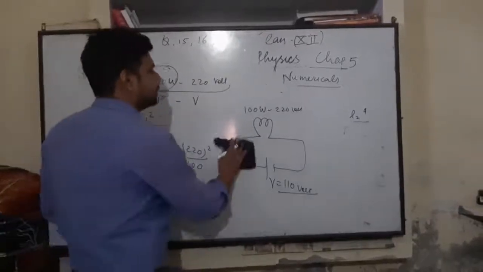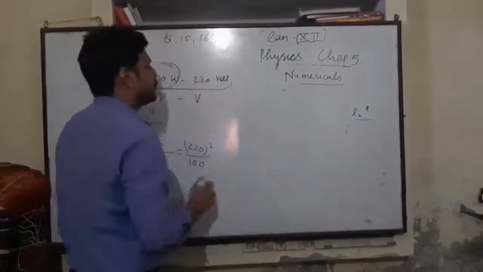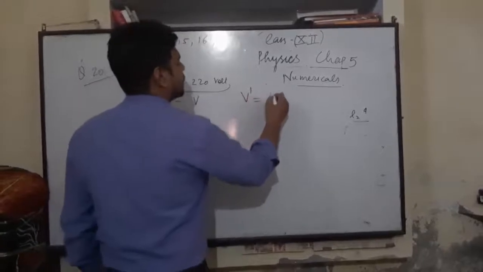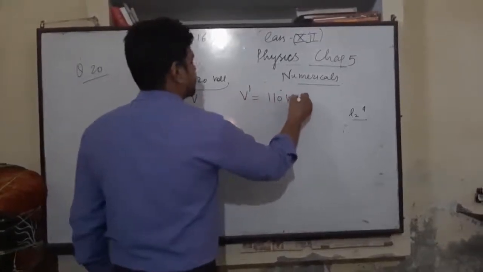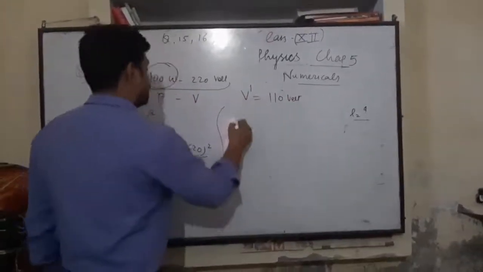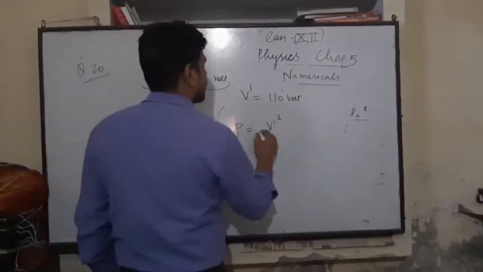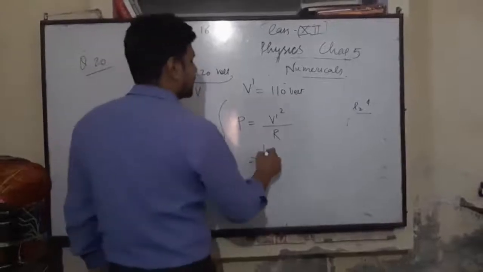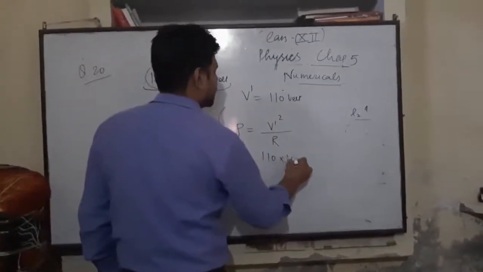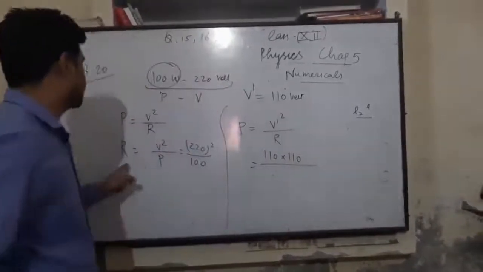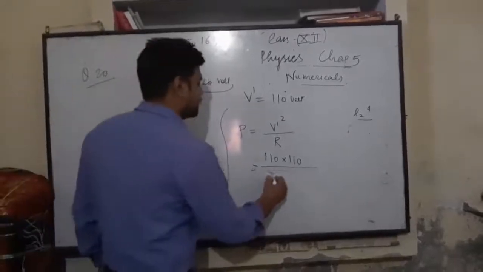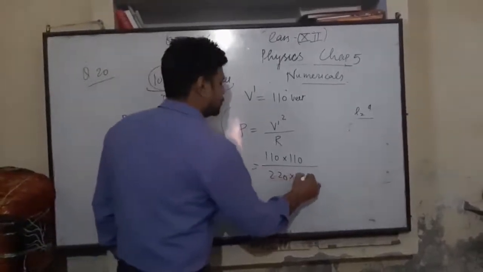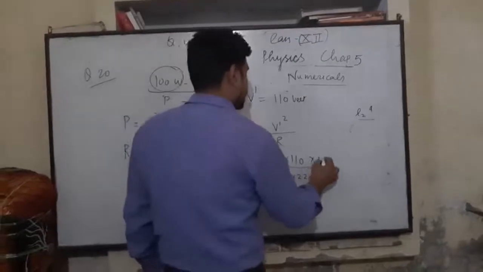So we want to operate this bulb at 110 volts, say it is V dash. So power consumed P is equal to V dash square over R. V dash square means 110 into 110, upon the resistance of this bulb, which is given by 220 into 220 whole upon 100.